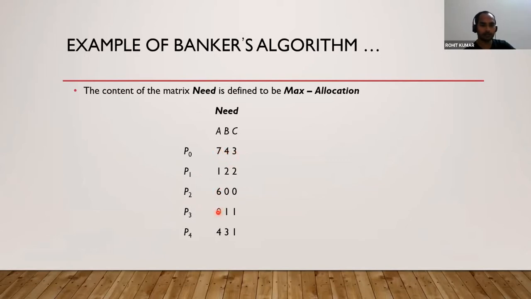You can complete the requirement of P3 by the resources available, that is 5, 3, 2. So the available resource vector is 5, 3, 2, and the requirement is 0, 1, 1. So now allot the resources to P3, and after its execution, it will return all its resources to the available pool. So go to P3.